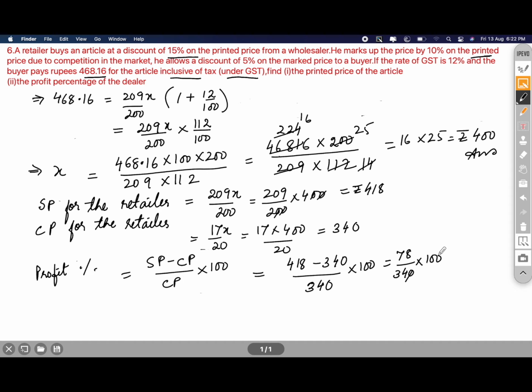So now if we simplify it and we cancel this, we have 390 by 17. So this cannot be cancelled, but we can divide and write the answer in the form of a mixed fraction. So 22 16 by 17. So the second part of the answer, profit equals 22 16 by 17%.